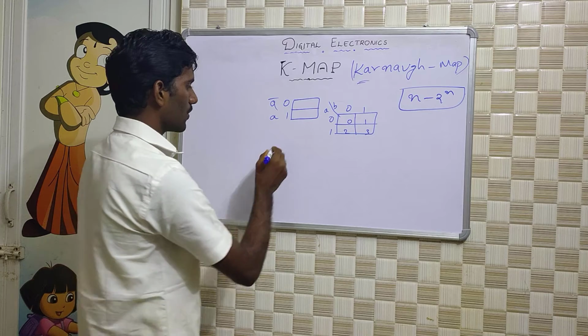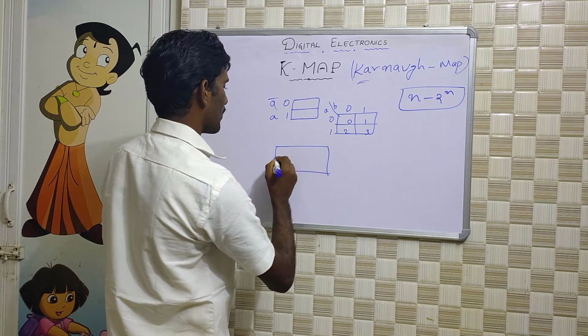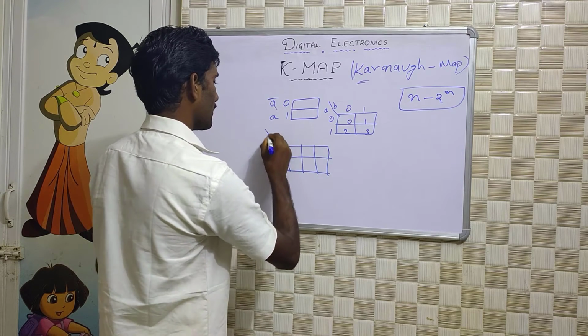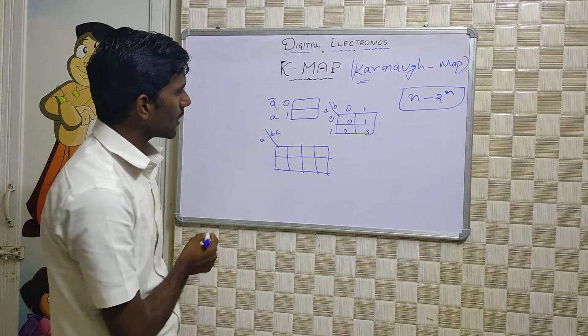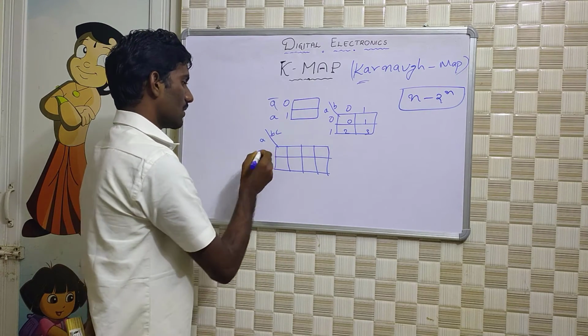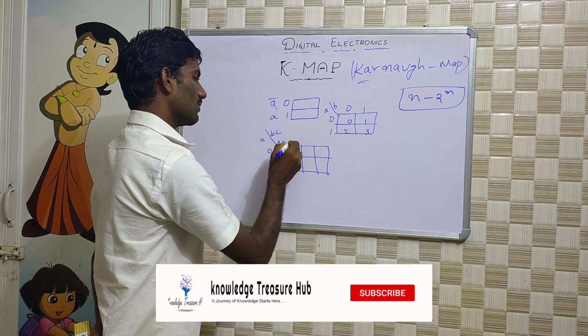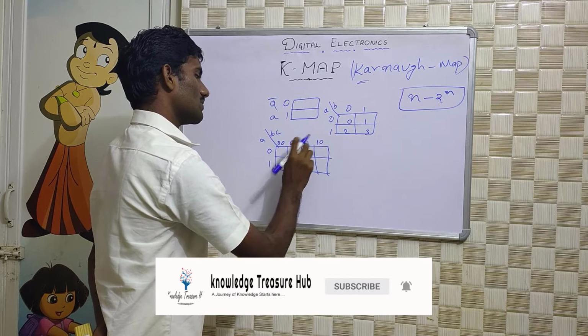For three variables, here the gray code matters in the Karnaugh map. So three variables A, B, C, with columns 0 0, 0 1, 1 1, 1 0.